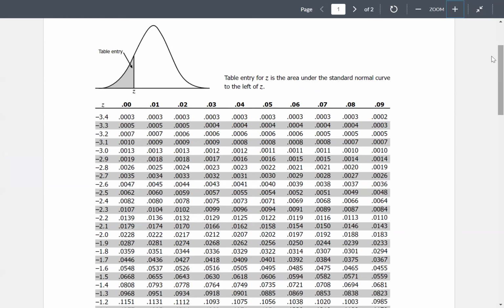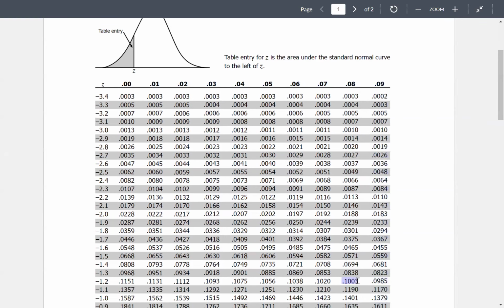Is anyone looking at it? This number is as close to 0.1 as I'm going to get. Adjusting either direction isn't going to help. So that corresponds to my z-score of negative 1.28. We good with that one?